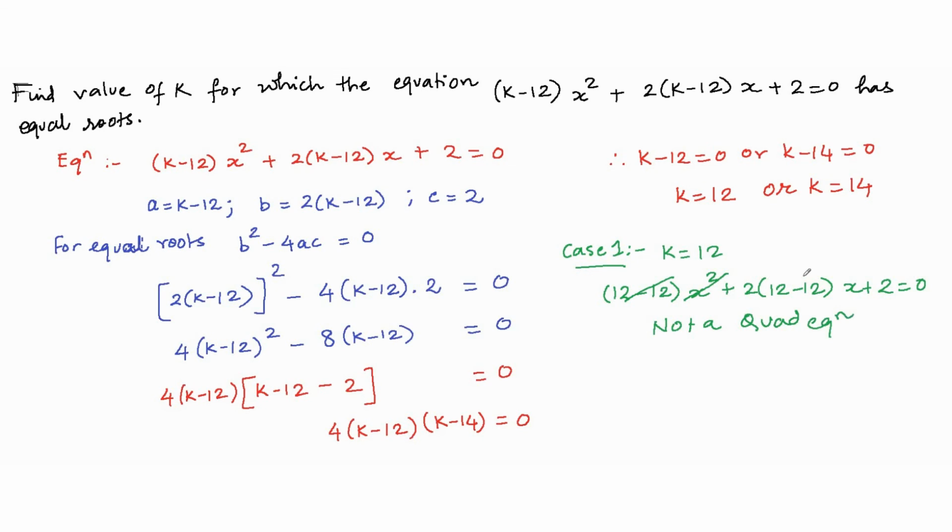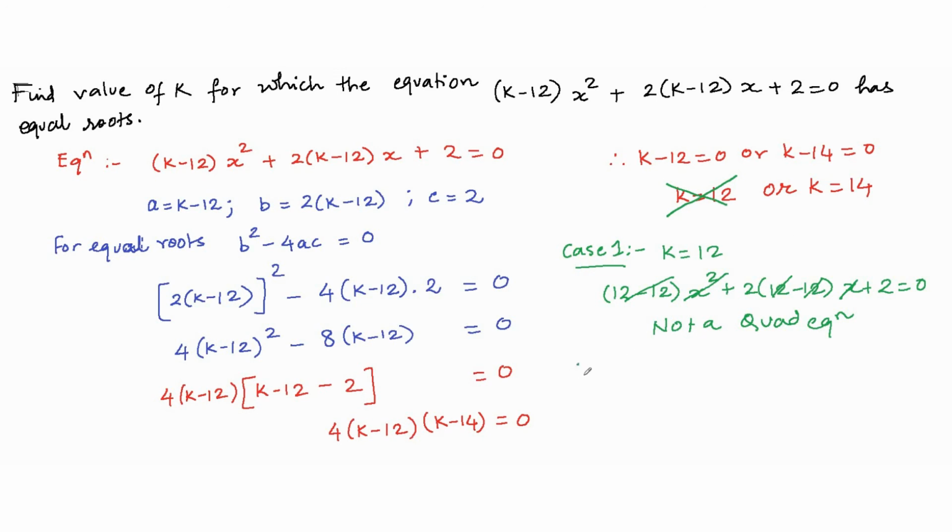Rather, even the x part goes away and 2 becomes equal to 0, which is not true. Therefore, if I substitute k as 12, the coefficient of x square is vanishing. The coefficient of x is also vanishing, which means k equals 12 cannot be a valid answer to the given situation or the given equation.